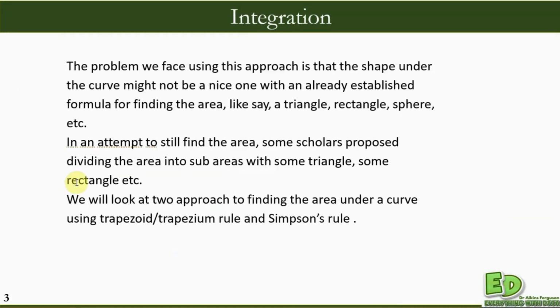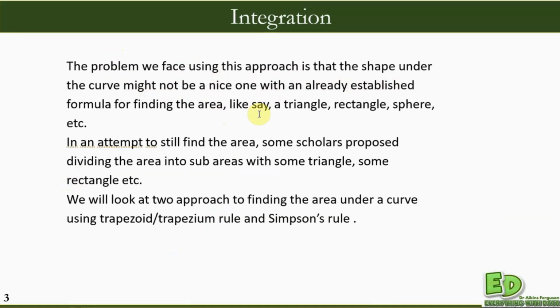How do we deal with these problems? The approach is that the shape under the curve might not be a nice one, with an already established formula for finding the area, like a triangle or a rectangle.